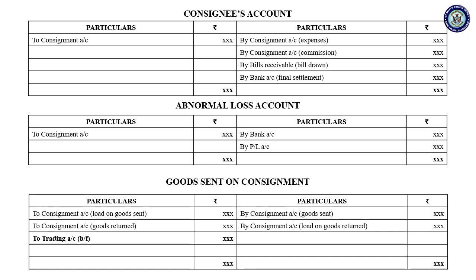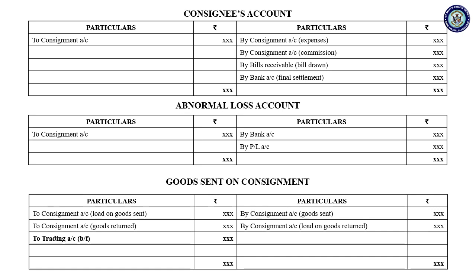Okay, so next ledger account, that is the consignee's account. It is very simple. First you have to transfer the balance from the consignment account. You see in the consignment account, on the debit side, you have written "to consignee's account" twice, correct?